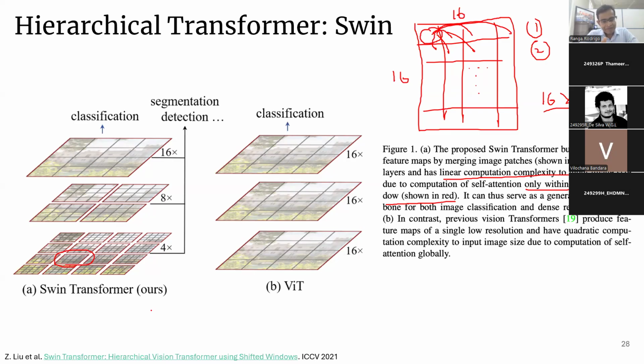But then there is a problem because you are not attending to other patches. So that's why in the next layer, you have these blocks combining and then attention being applied.